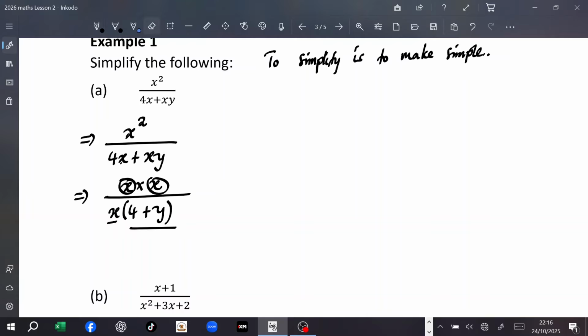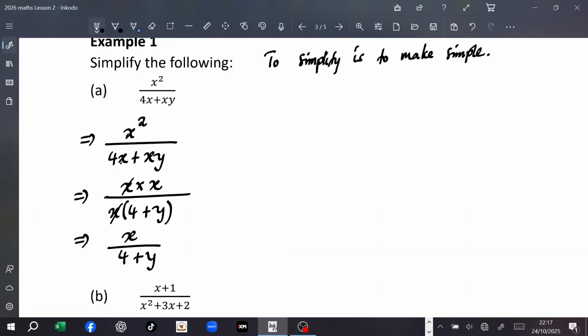So if you have two terms on the numerator and the denominator multiplying each other, you can cancel them, like x into x can go, so that you remain with just one x there, then down here you remain with 4 plus y. That will be the final answer.